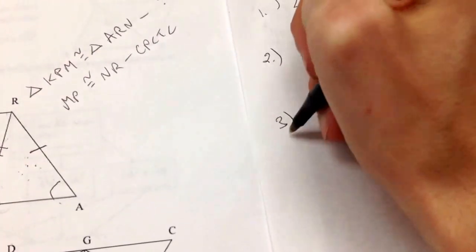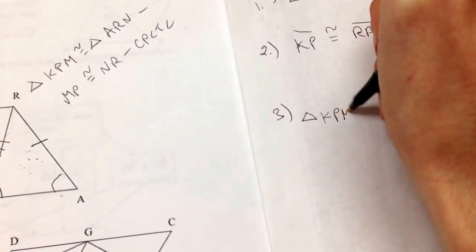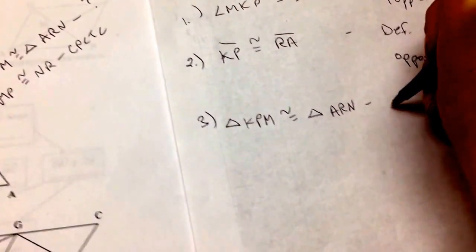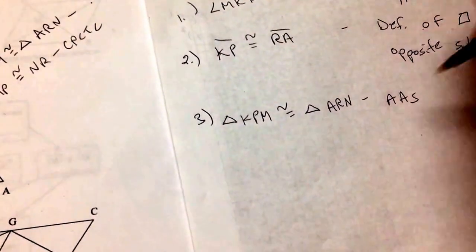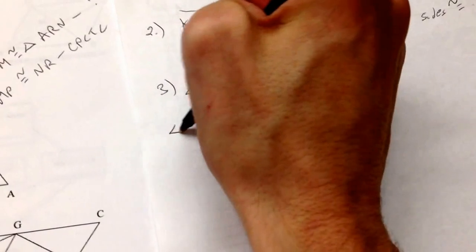So number 3 here, I'm going to say that triangle KPM is congruent to triangle ARN because of angle, side. So we know what always comes next and last.